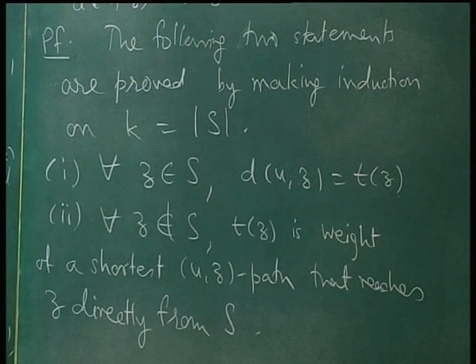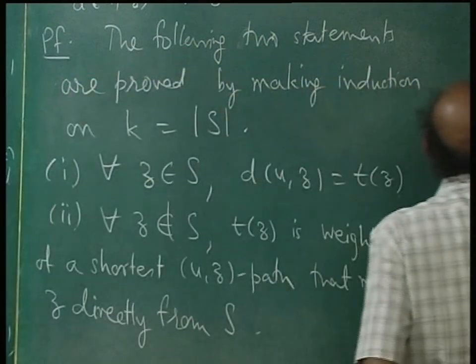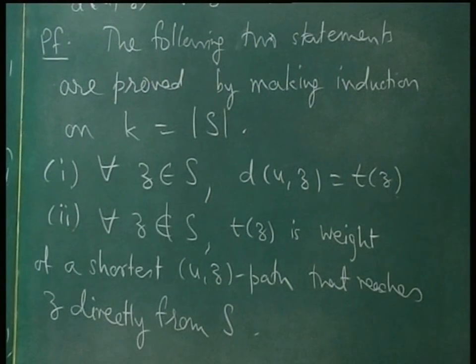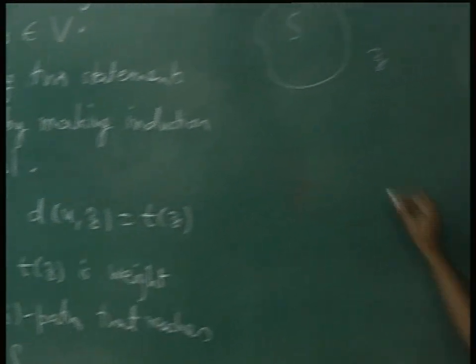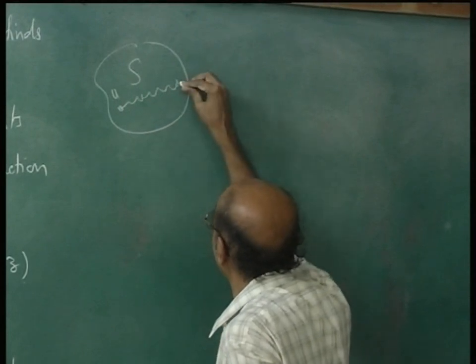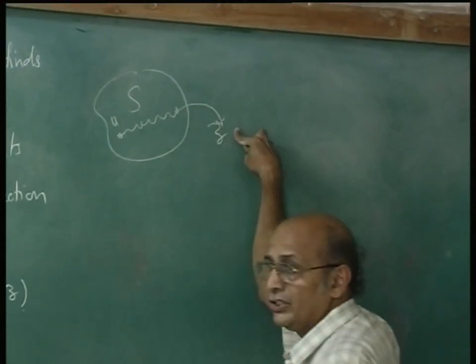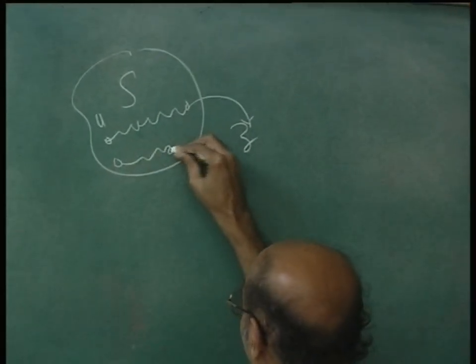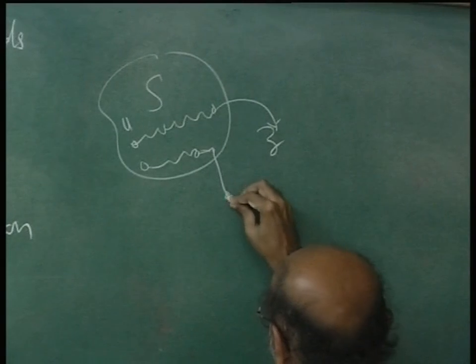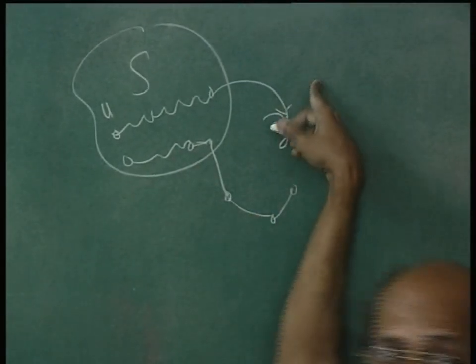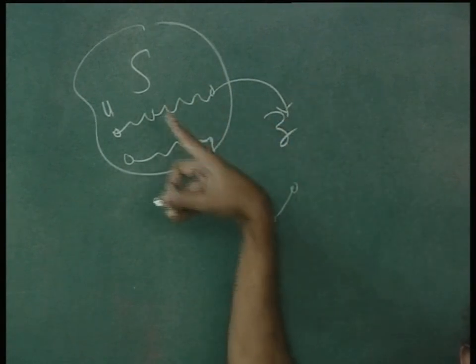Reaching directly from S means this is your set S, and Z is standing outside somewhere like this. Reaching directly means you start from here, visit some vertices in S, and reach Z directly. Not reaching directly means you may enter S, go to some vertex, and this path will visit lots of vertices in between and then go to Z. So this is not reaching directly.